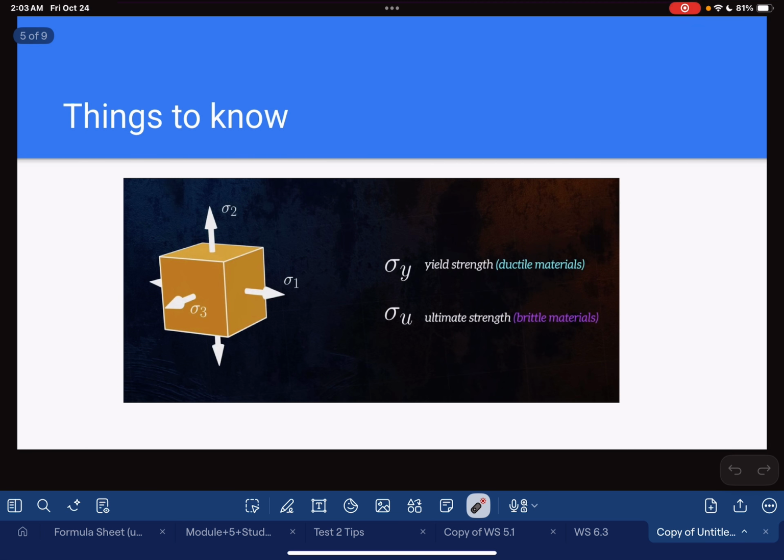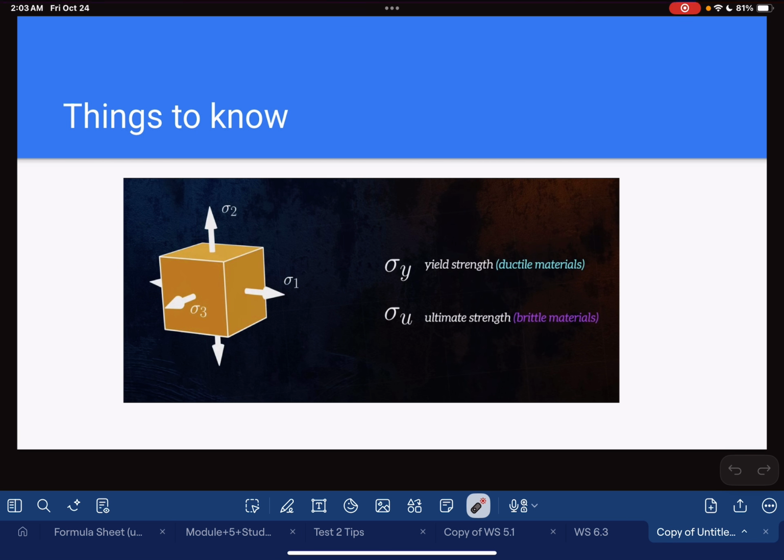Right, and so just some general things that are good to know before we get started is that these are principal stresses, right? This is the stress in your x-axis, this is your y-axis, and your z-axis. This is just good to know for understanding what the principal stresses are.